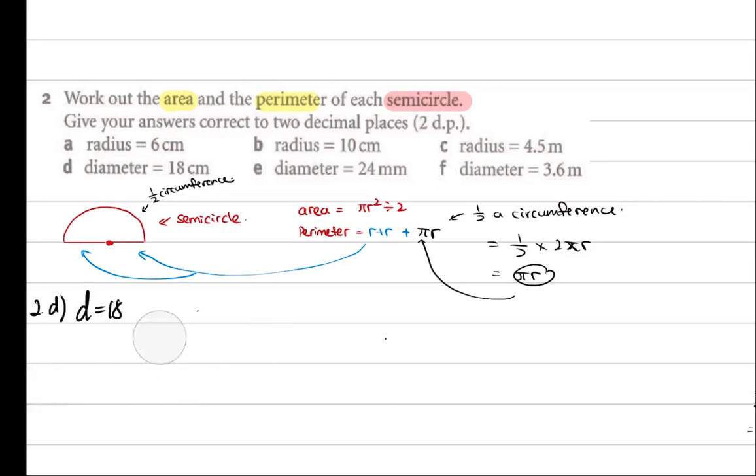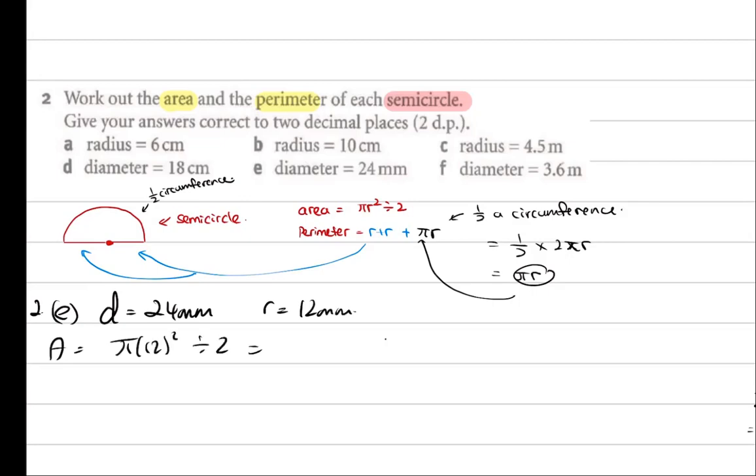Now, let's look at E. Question E, diameter is 24 millimeters, radius will be 12 millimeters, area will be pi 12 square divided by 2. 226.19.